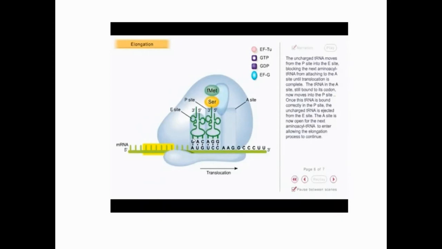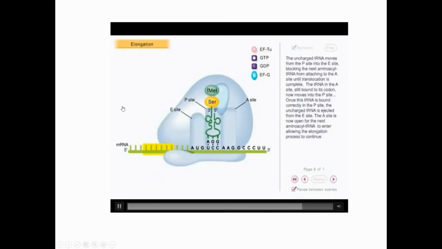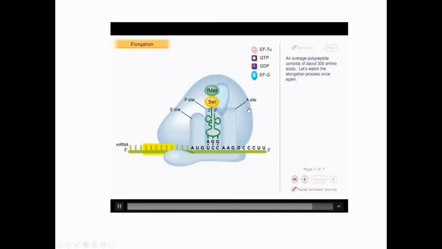The tRNA in the A site, still bound to its codon, now moves into the P site. Once this tRNA is bound correctly in the P site, the uncharged tRNA is ejected from the E site. The A site is now open for the next aminoacyl tRNA to enter, allowing the elongation process to continue. An average polypeptide consists of about 300 amino acids.